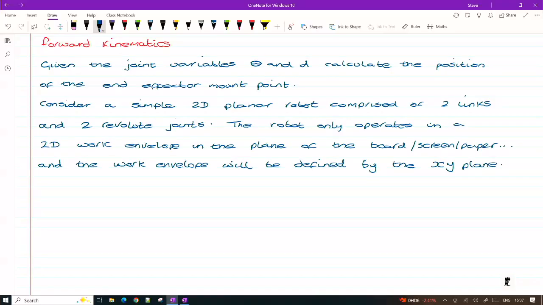So that's just basically writing out what I've just said. So what I'm going to do now, I'm going to do a sketch of the robot. I'll do the robot at rest.